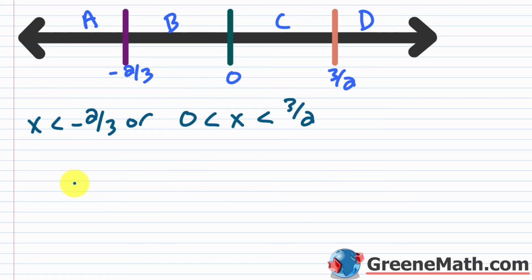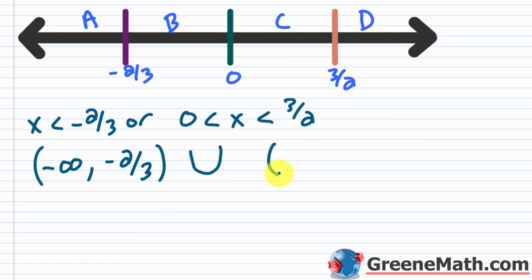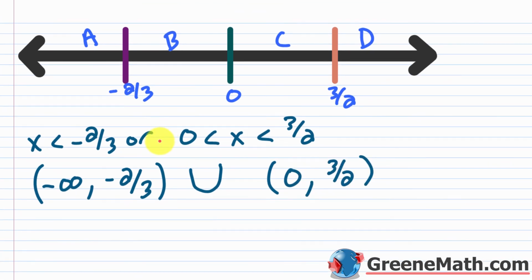Okay, in interval notation, we'll say from negative infinity up to and excluding negative 2/3. So make sure you use a parenthesis with each. Then the union with will have anything that's between 0 and 3/2. So I'll put a parenthesis next to 0 and then put a parenthesis next to 3/2. They're both excluded. So coming to the number line, I want to use a parenthesis, or again, an open circle at negative 2/3.